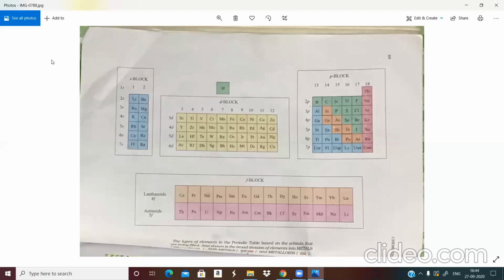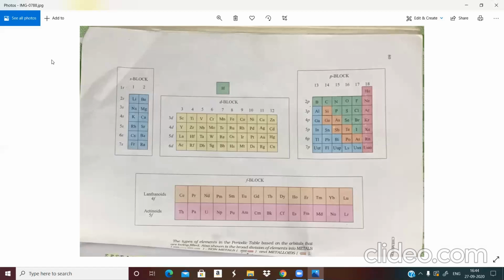Metals comprise more than 78% of all known elements and appear on the left side of the periodic table. Metals are usually solids at room temperature. Mercury is an exception. Gallium and cesium also have very low melting point. Metals usually have high melting and boiling point. They are good conductors of heat and electricity. They are malleable and ductile.